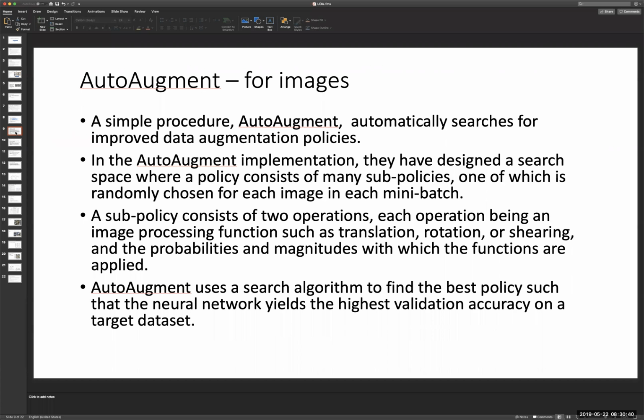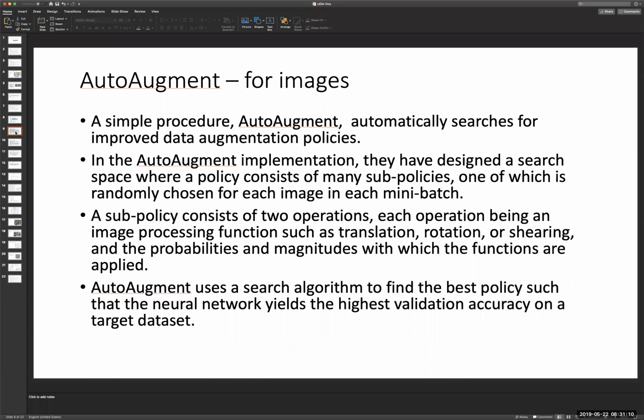We talked about magnitudes, perhaps, in terms of scaling parameters or rotation parameters, and the probabilities were also considered to be part of that search space. AutoAugment uses a search algorithm to find the best policy such that a neural network yields the highest validation accuracy on a target data set.